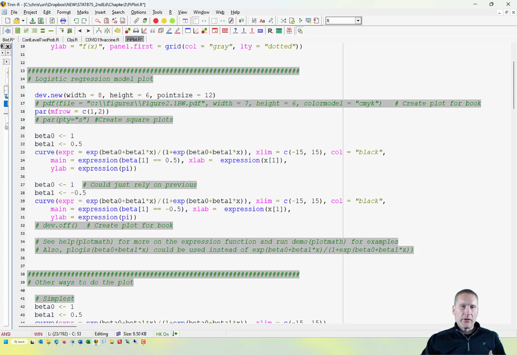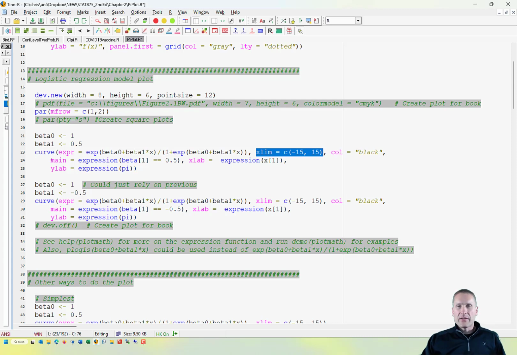Now, one little side note about using the curve function is that whatever you put here in terms of what is going to be varied relative to the x-axis always has to be written in terms of the letter x. It's just a rule with this function. I'm going to evaluate this from -15 to 15. We'll make it a black line.